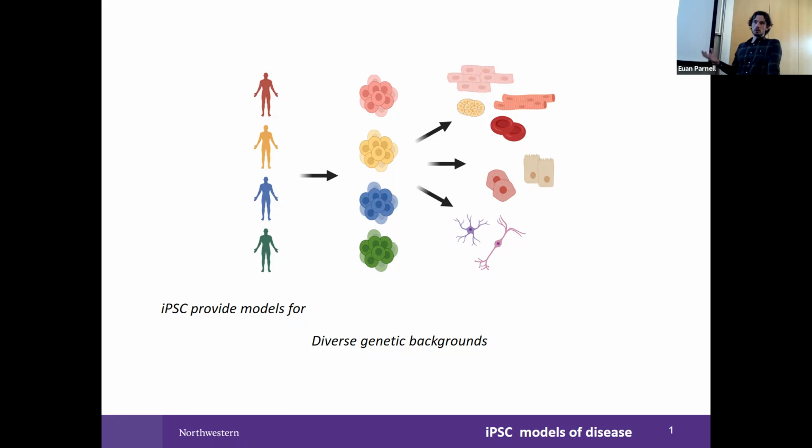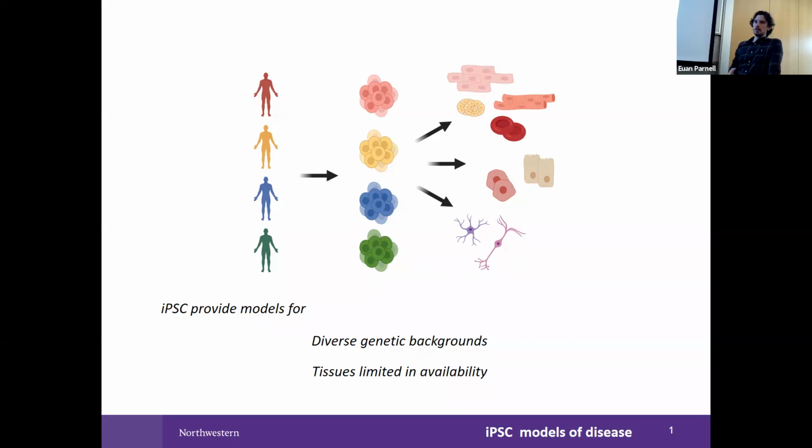So animal models are normally limited to a single mutation to find out what that does. But in fact, many different mutations can converge to produce disease. And so iPSC allows us to recapitulate all that genetic complexity. It also gives us access to human tissues that we can't get otherwise. Typically, we're interested in neurons in the lab.